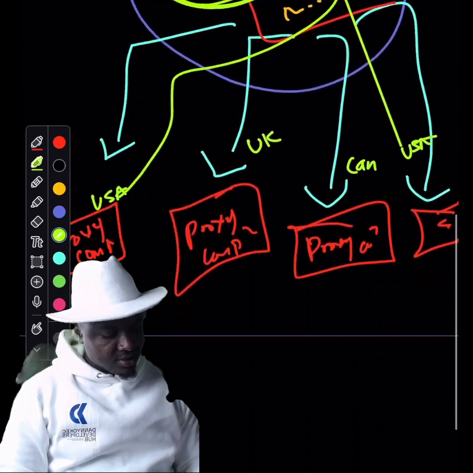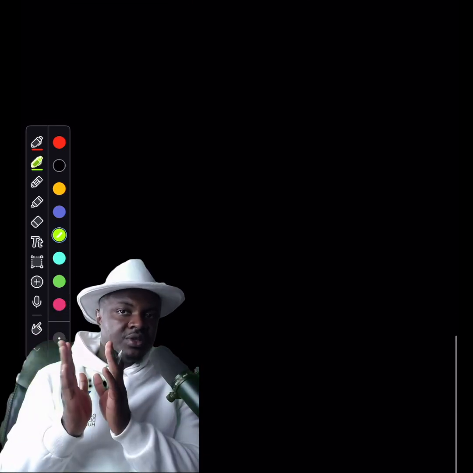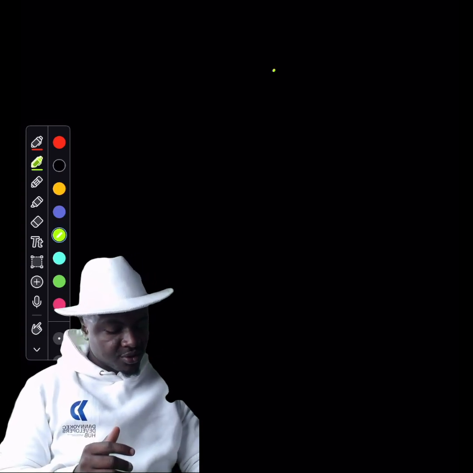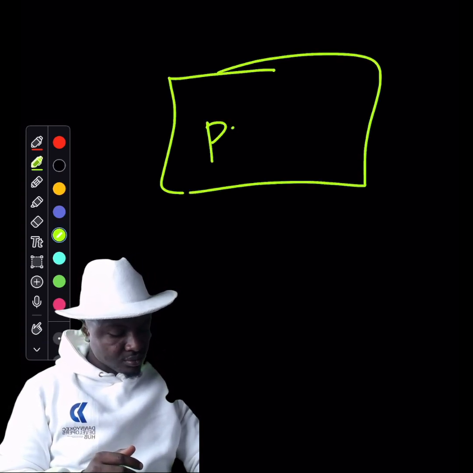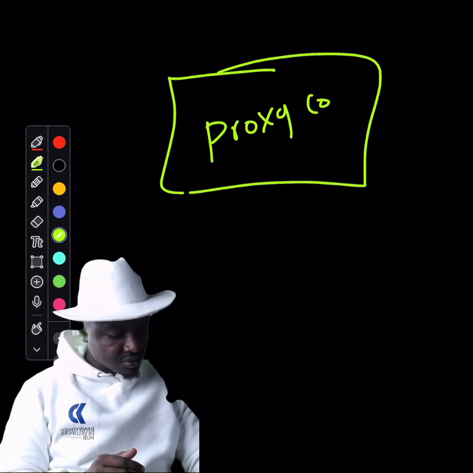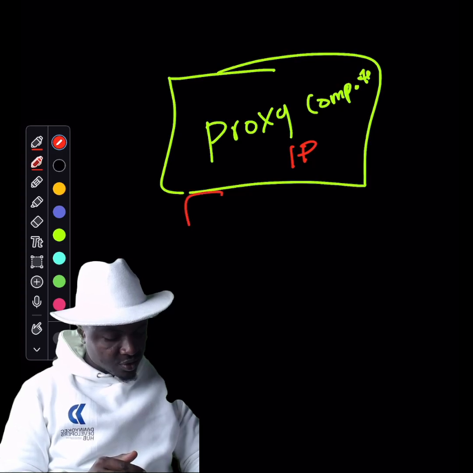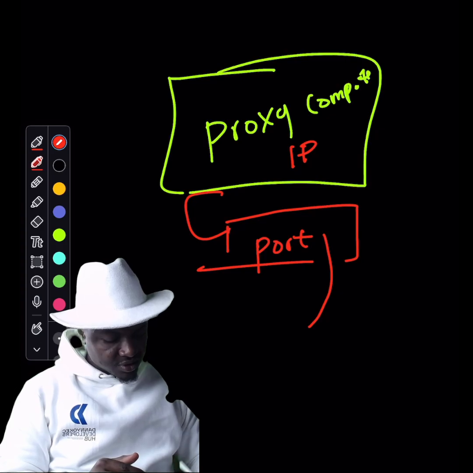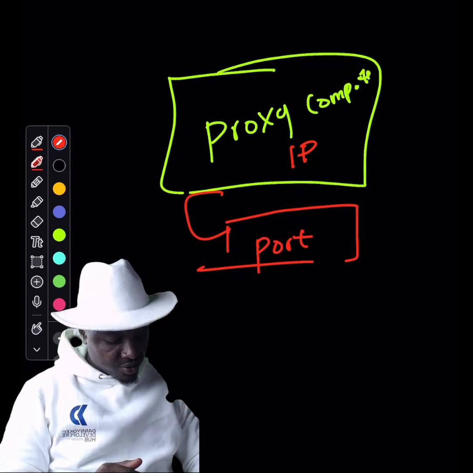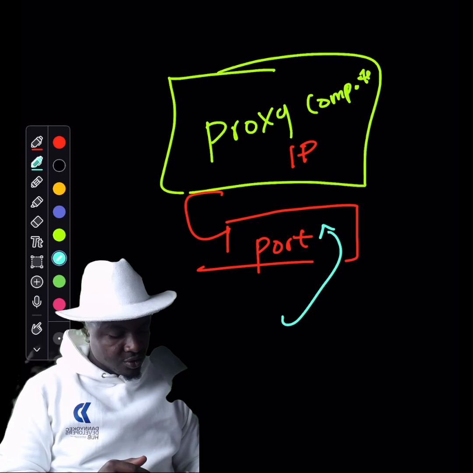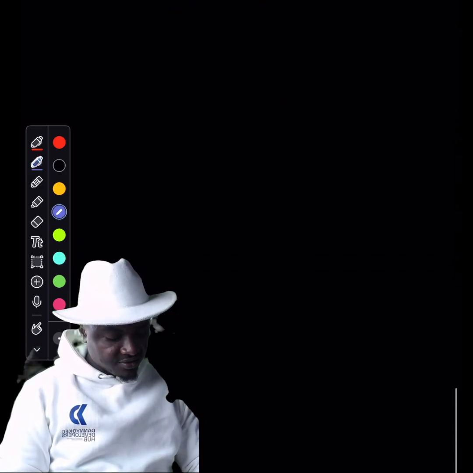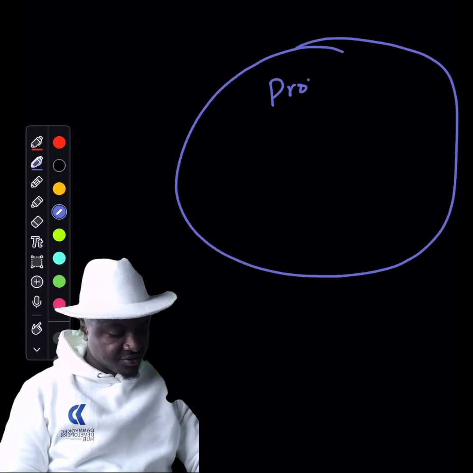Good. Now, we now understand what a proxy computer is and what a proxy server is. A proxy computer has a specific IP address. It has opened its own ports. Now, anybody can connect to this port. Anybody can connect to this port. And when you connect to this port, the computer can be going errands for you. However, a proxy server now, it's a bit different.